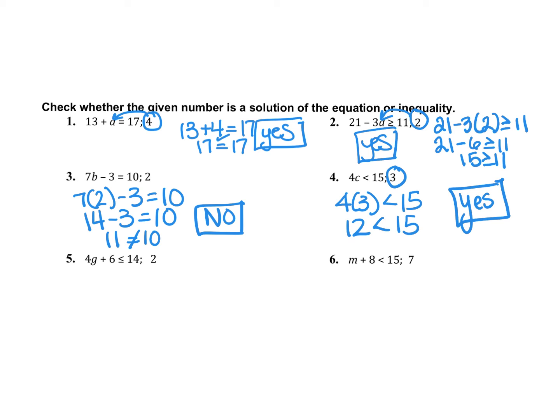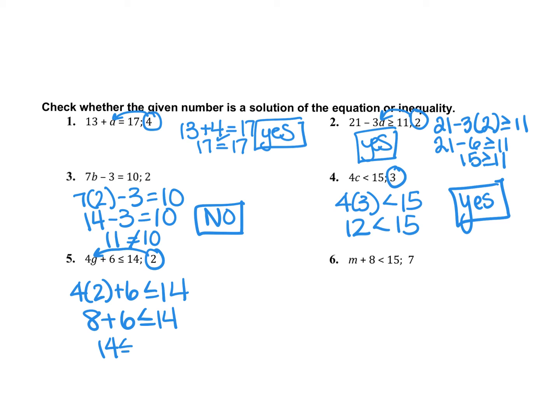All right, we've got 2 more. 4g plus 6 is less than or equal to 14. So let's plug in our 2. So 4 times 2 plus 6 is less than or equal to 14. Well, 8 plus 6, and we know that 8 plus 6 is 14.